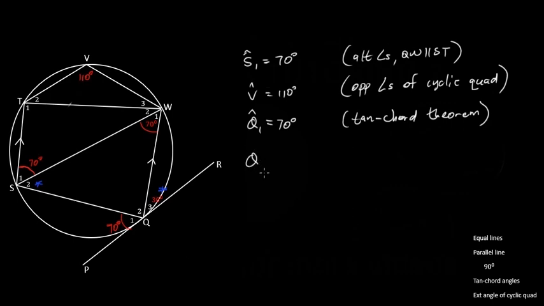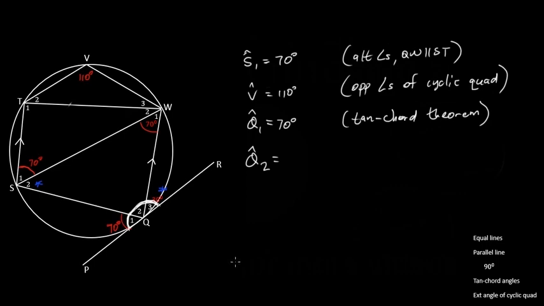So now we're looking for angle Q2. So what's the relationship between Q1 and Q2? You can't be looking at Q1, Q2 without looking at Q3 as well. So Q1, Q2, and Q3, if you remember when we were still introducing lines, these are angles on a straight line.